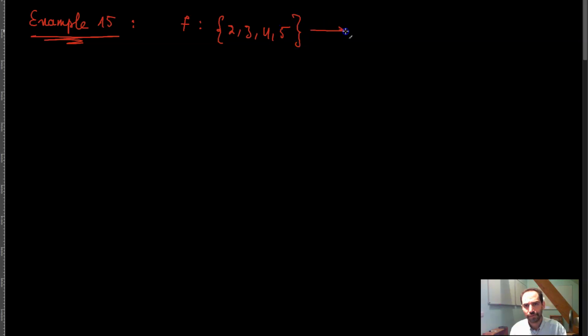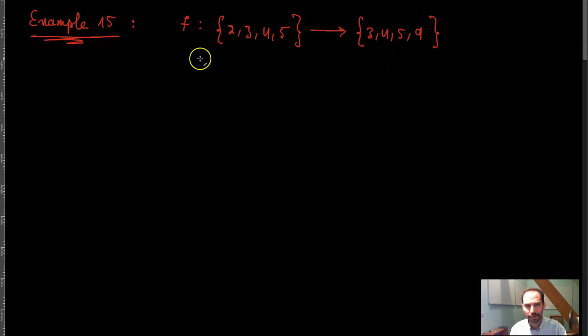So example number 15 is: let f be a function from the set {2, 3, 4, 5} to another set, which is {3, 4, 5, 9}.